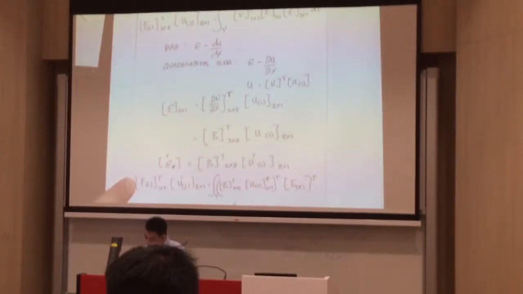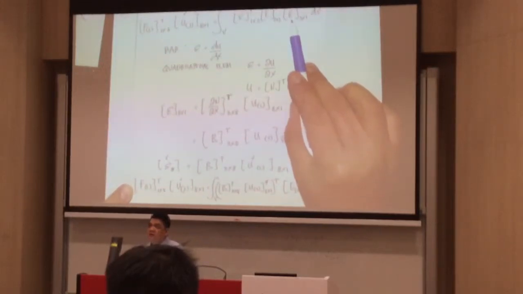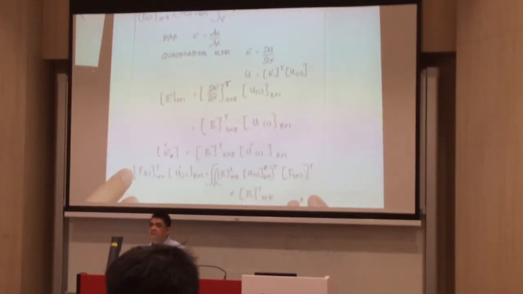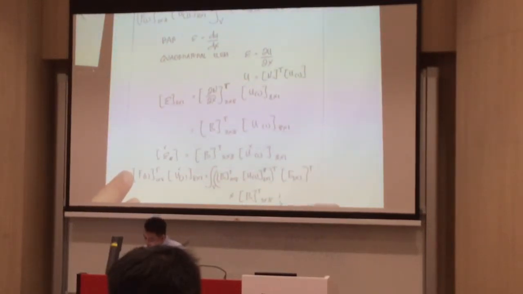And then I can multiply this one with my virtual strain, for which I got an expression earlier. So this one will be B transpose 3 by 8, and then this is to be multiplied by my virtual displacement, that will be 8 by 1. And then dV. There you go.